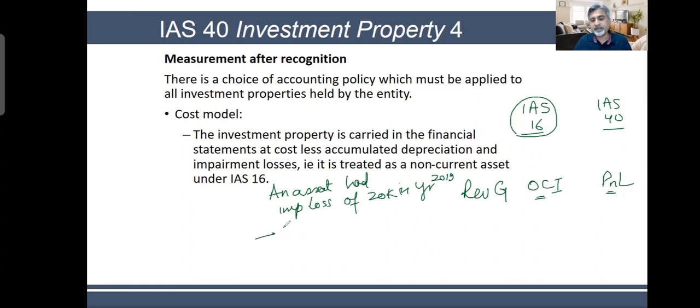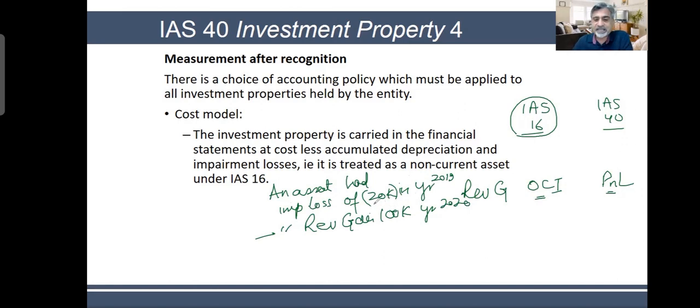And then the same asset has a revaluation gain of 100K, before it was a loss, in year 2020. So what do we do?